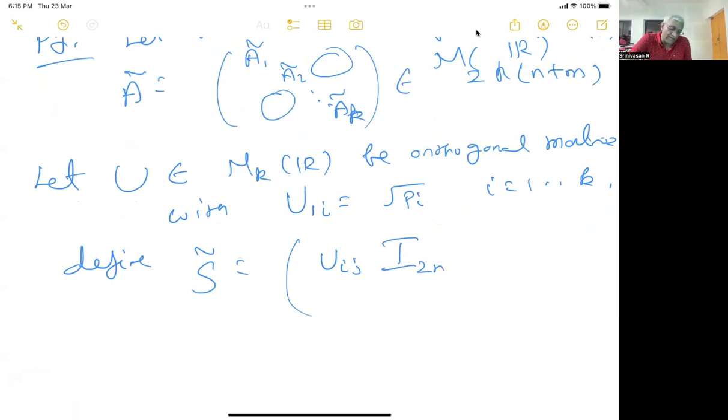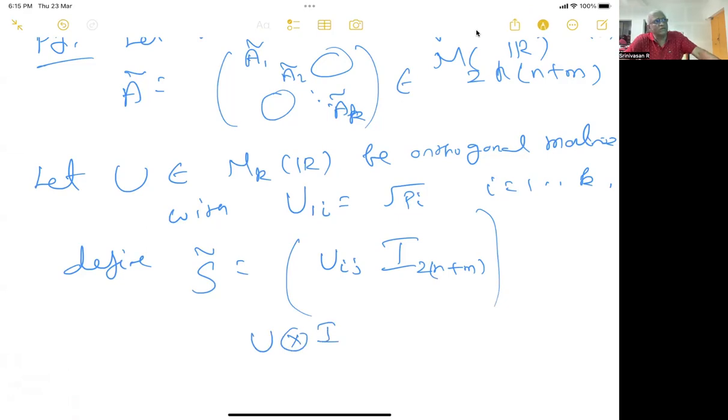You take U_{ij}, which is a scalar, and this is like U tensor identity.